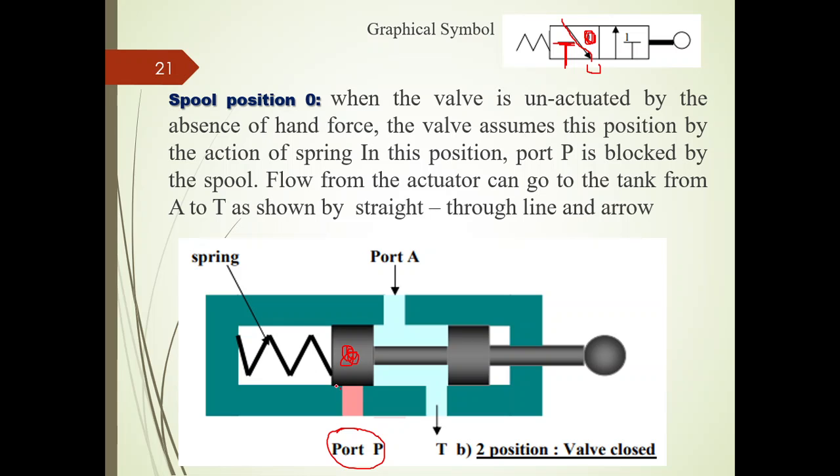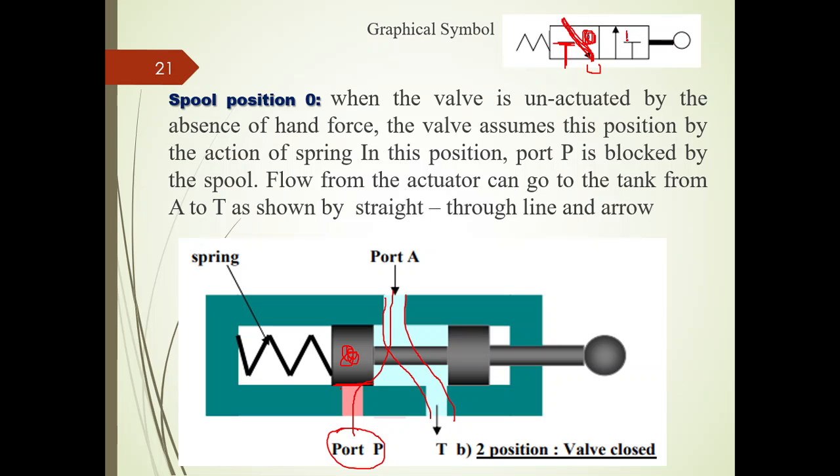So this spool land is making the obstruction to the flow of hydraulic fluid from P to A, right? Whereas I'll be having the opening from A to T, so I'll be having the flow from A to T. So this is in the zero position.